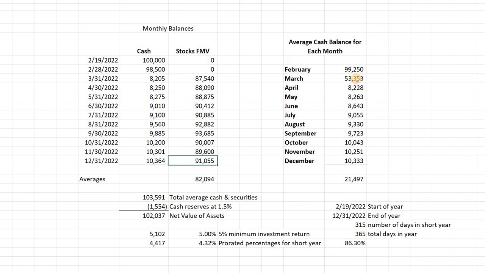So for example, if we look at March, you're supposed to take what's the balance at the start, what's the balance at the end, then average it, and you do that for each month. It's almost a little bit more of a complex calculation, but nothing too extreme. It's just one additional step apart from the stock valuations.